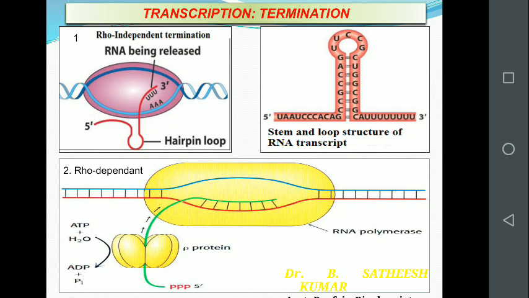So rho is a protein like helicase which slides over the nascent RNA. It will slide on the RNA molecule by hydrolyzing ATP and utilizing that energy for the sliding purpose. So in this case, RNA polymerase reaches the termination sequence, and once it reaches, it forms a stem and loop structure.